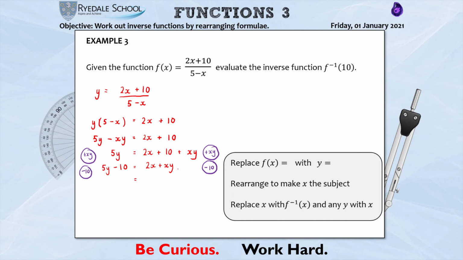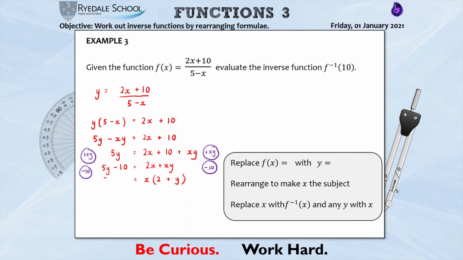Now, remember, if we want to make x the subject and it appears more than once, we have to do a factorisation to fix that. How would this factorise? Well, if I took x out as a common factor, I'd need a 2 for the 2x, and I'd need a plus y for the xy.